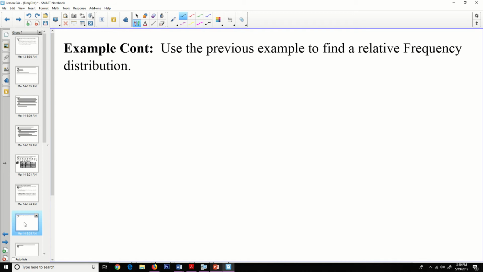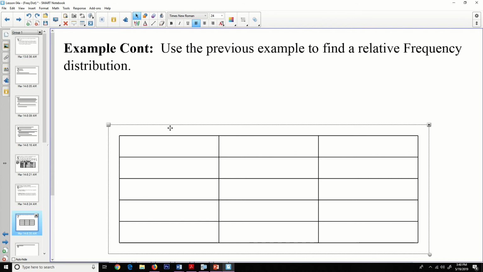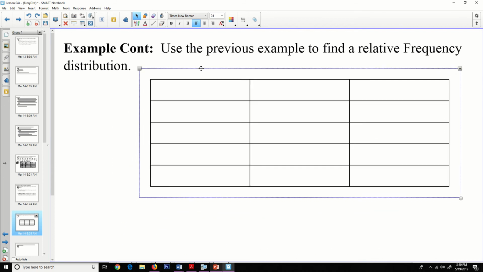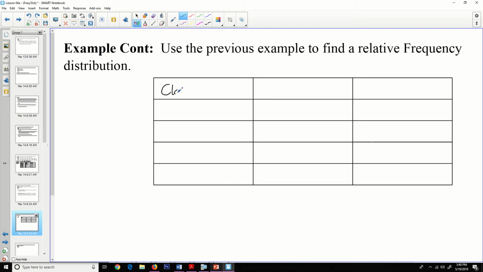All right. So an example continued. Use the previous example to find a relative frequency distribution. So a relative frequency distribution is going to have, we're going to make a table about the same size. So relative frequency. We're going to have the same class limits. But this time, instead of a tally, we're going to have a ratio.